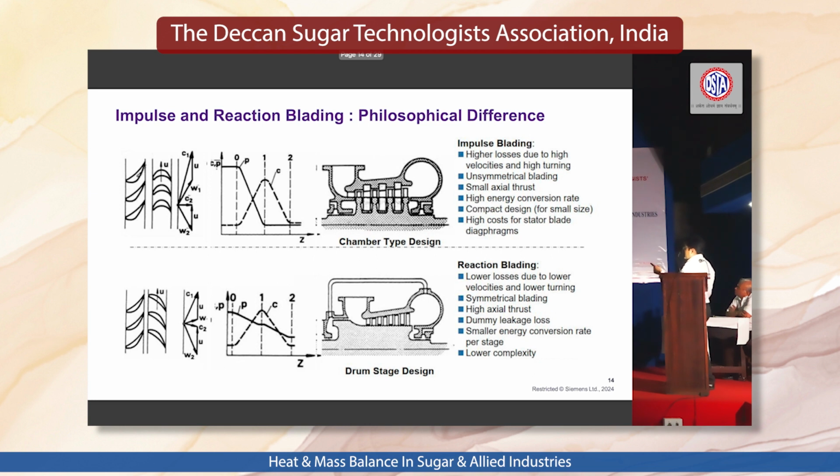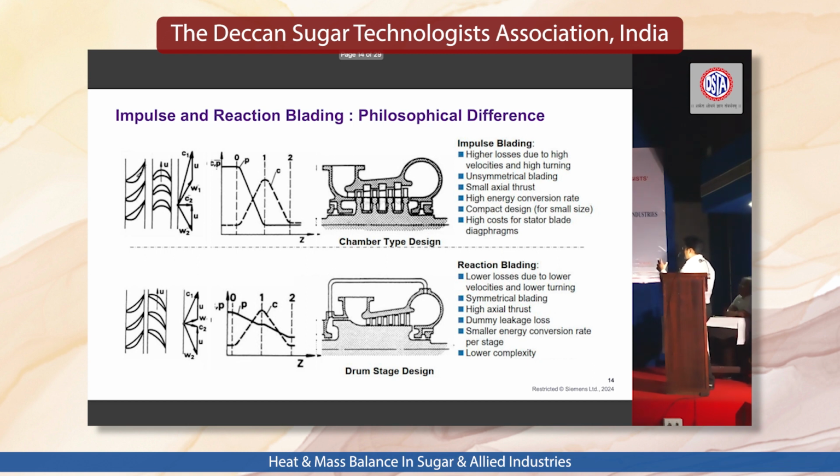If you see here the rotating blade, the upper side is the impulse and the lower side is the reaction. The upper side is more or less a bucket type construction, and in the reaction blade there is an aerofoil construction. This shows the velocity drop and the pressure drop inside the blading. In impulse, all the pressure drop occurs in the stationary blade, whereas in reaction both the stationary and rotating blades have the pressure drop.